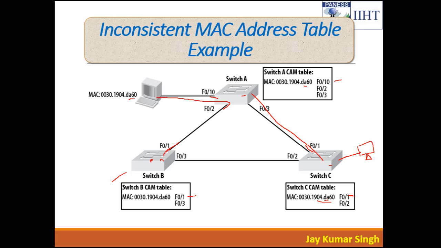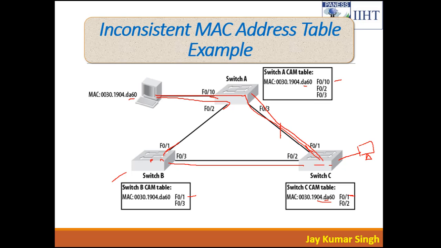Now tell me, this switch will say that if this switch is forwarding from this interface, then it's okay, it will come here and it will be forwarded to this PC, right?